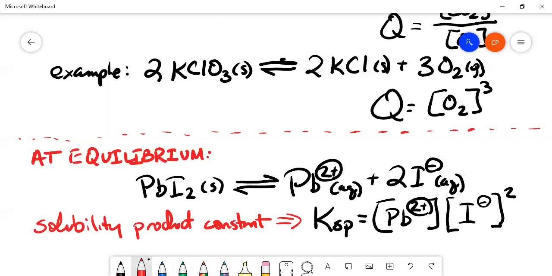It's equilibria of this sort that are going to help us determine the solubilities of comparatively insoluble compounds. And so we'll get a little bit later into the course, and we're going to have more to say about equilibrium like this, where we have one solid phase reactant and we have ionic products. Okay?